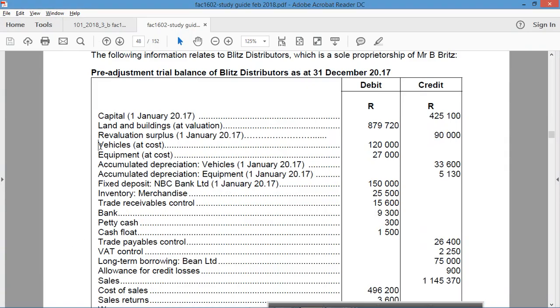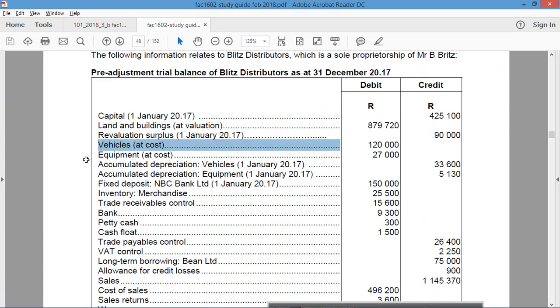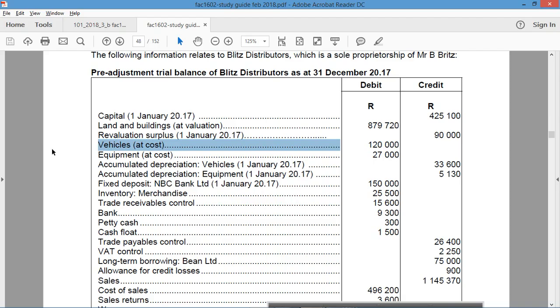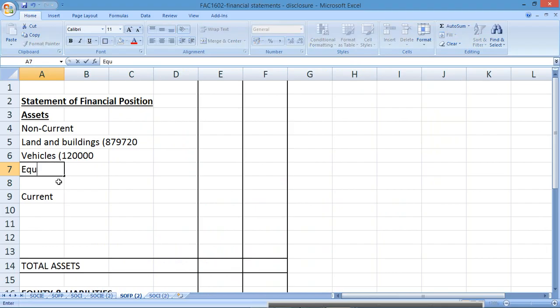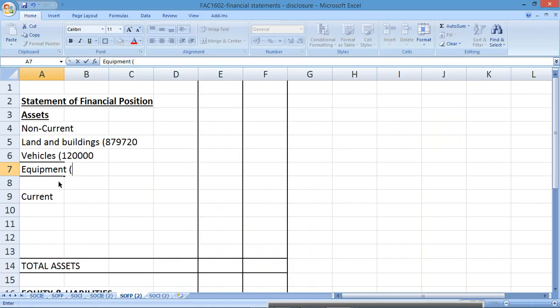And then vehicles is a non-current asset. So you insert first, then I'll update mine. Okay, that's good. 120,000. Equipment is exactly the same. That is 27,000.